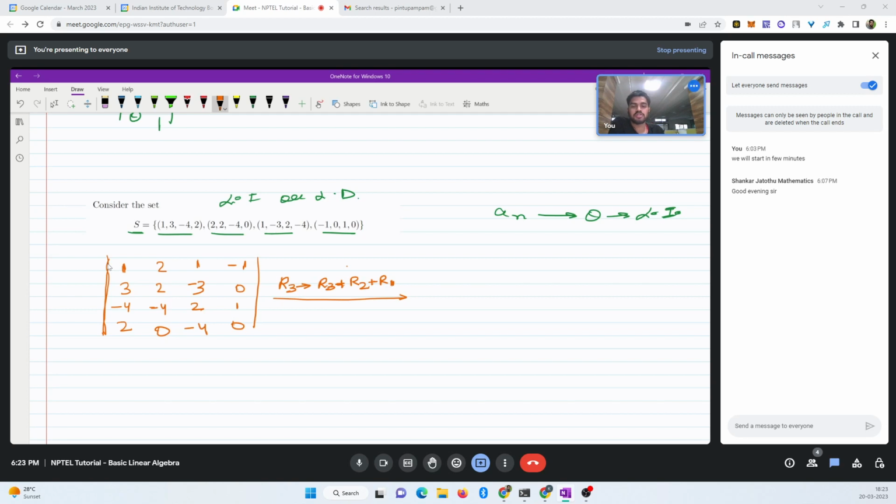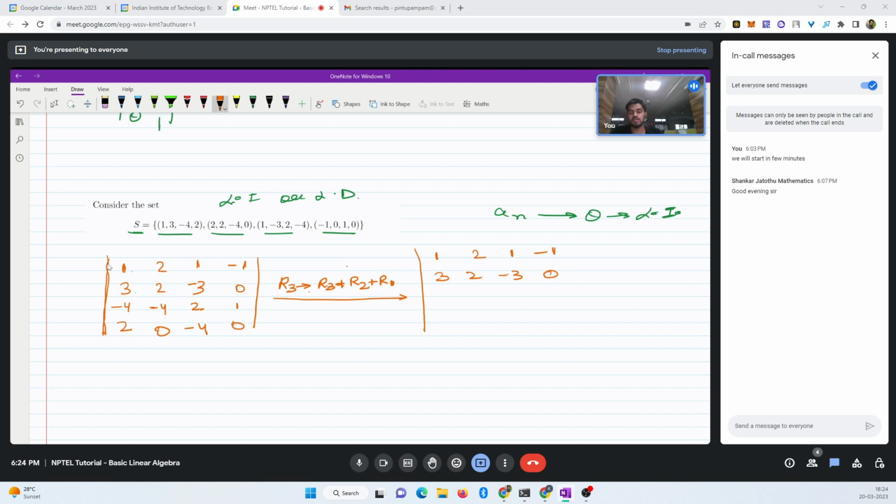So you can try this operation and see if you get something out of it. So your first row remains as it is, second row remains as it is. Now if you go to third row, I have made third row to be the sum of these three rows.